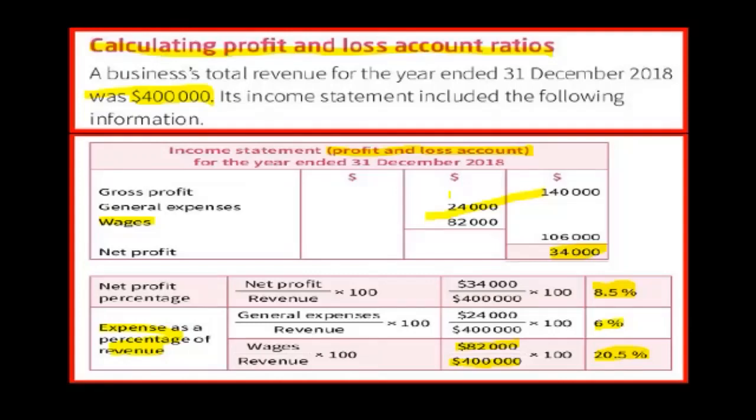What this would mean is that we pay our workers $20.50 out of every $100 of revenue that we make.